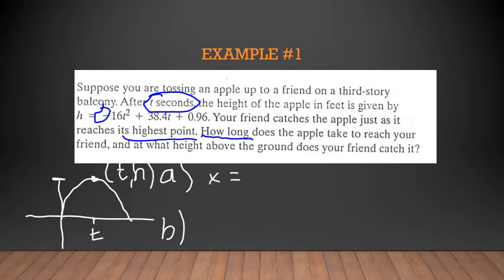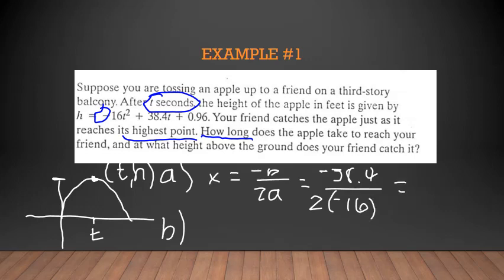We have to remember this is in standard form, so we're going to use that formula, negative b over 2a. So we're going to have negative 38.4 over 2 times negative 16.